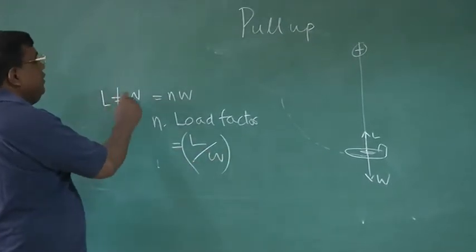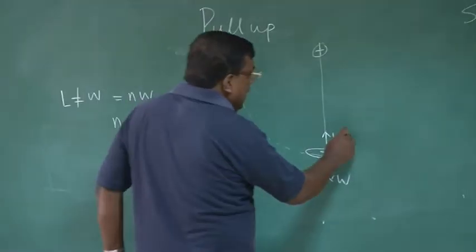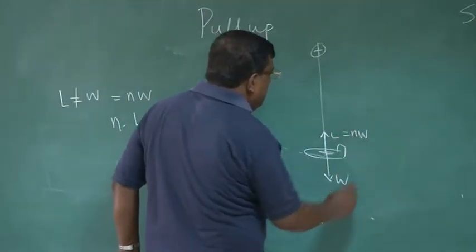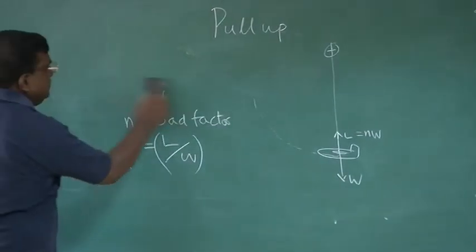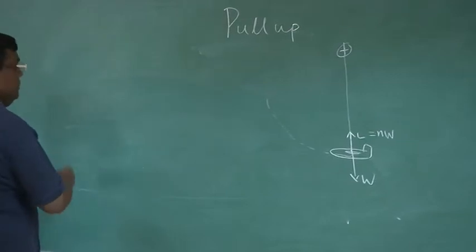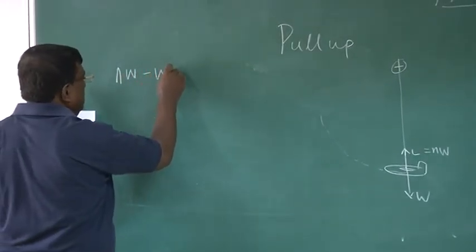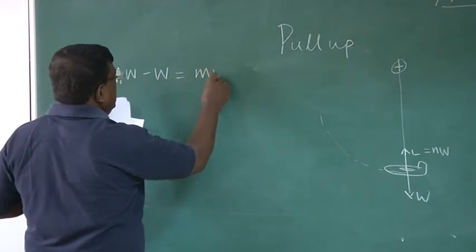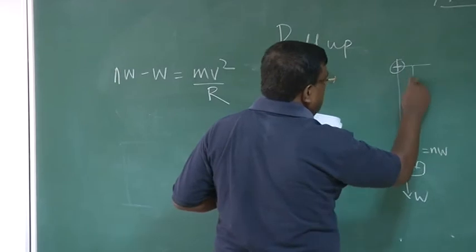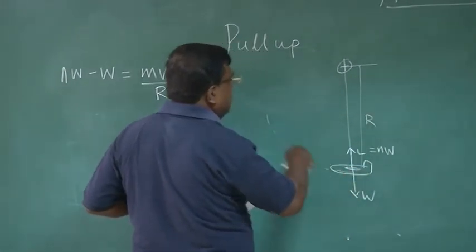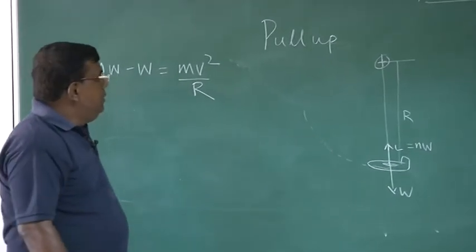So now, NW minus W will be equal to mv square upon r, where r is the radius of turn. It's in the vertical plane, like this pull-up.